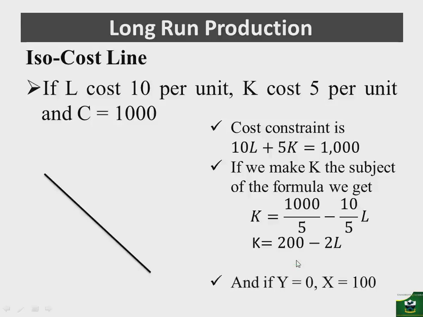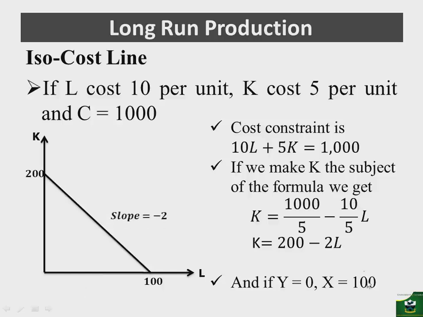If K is equal to 0, then L will be 100, which is the horizontal intercept. So if we draw this diagram, we have 200 on the vertical and 100 on the horizontal. The slope is -2, so this -2 is the slope of the isocost line.